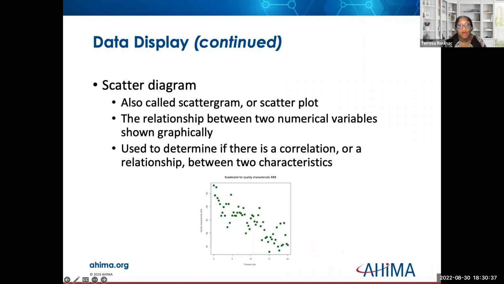A positive slope would be small values of the x-axis corresponding to small values of the y-axis, and large values of the x-axis corresponding to large values of the y-axis, meaning that there is a positive linear relationship. On the other hand, if you have a negative line, then small values of x correspond to larger values of y, and large values of x correspond to smaller values of y. That is when you're looking at a negative linear relationship.